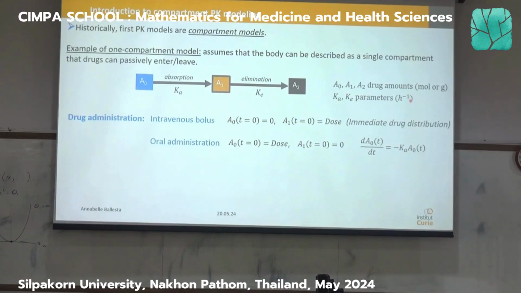It's like immediate drug distribution. And basically you don't really have an A0. The A0 is going to be 0. And you have A1 at time t equals 0, which is going to be equal to the dose that you give.